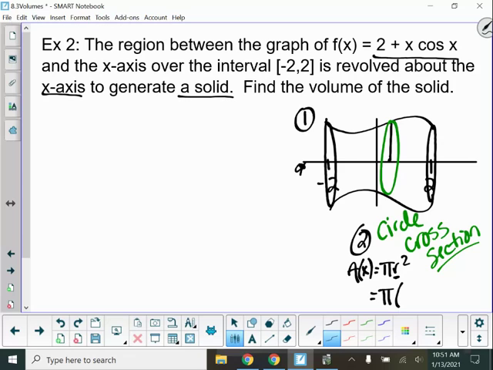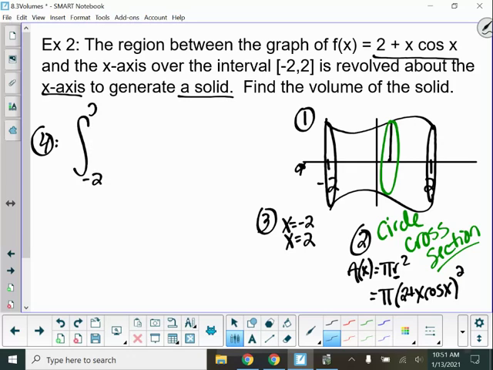So that's pi times 2 plus x cosine of x, and then the quantity squared. Number 3 then are my bounds. That's going to go from x equals -2 to x equals +2. And then 4, I can actually set up my integral, and I can find my solution.